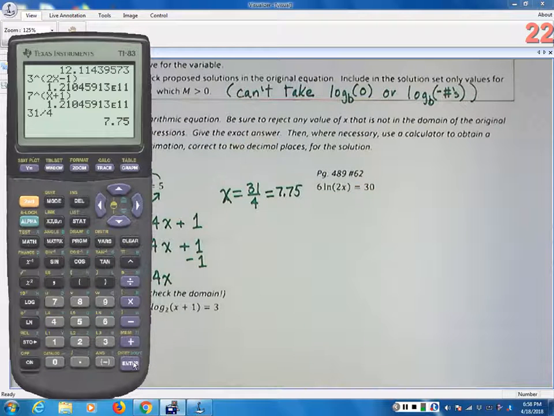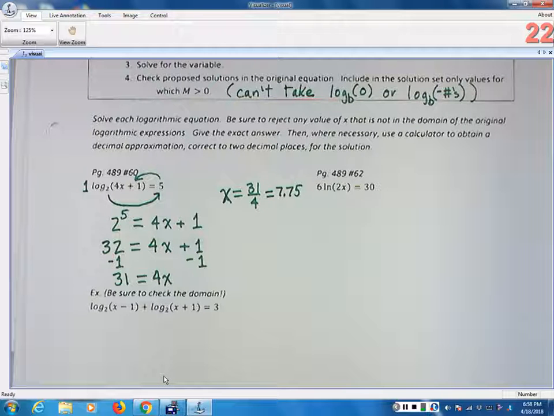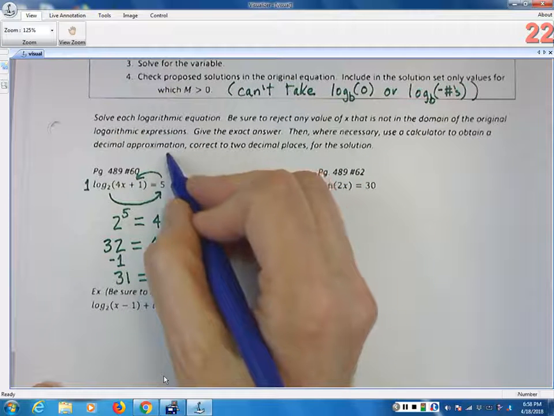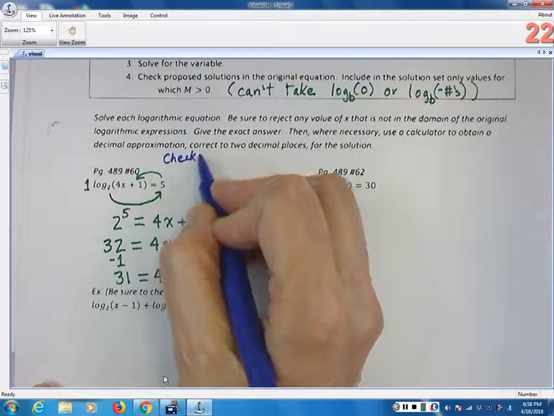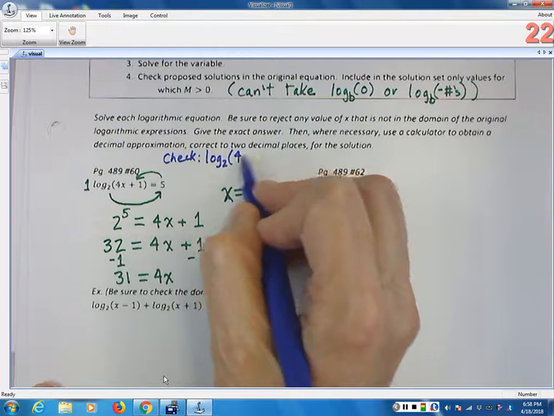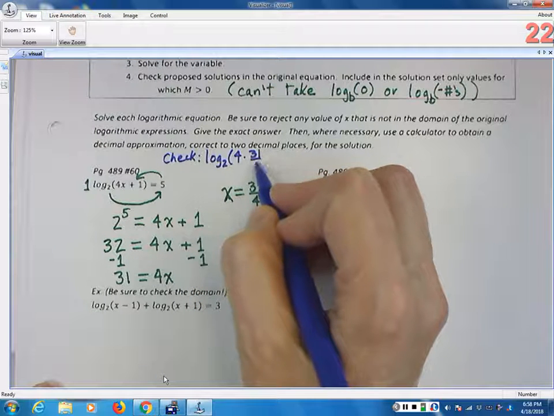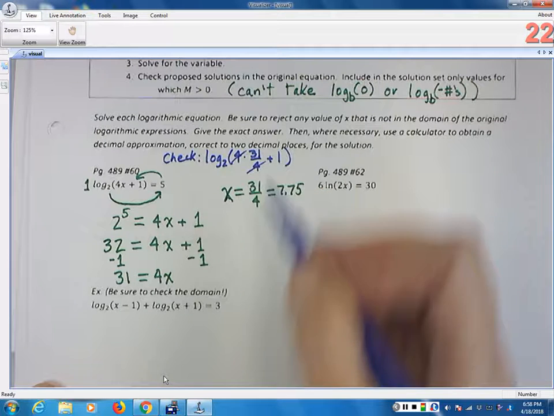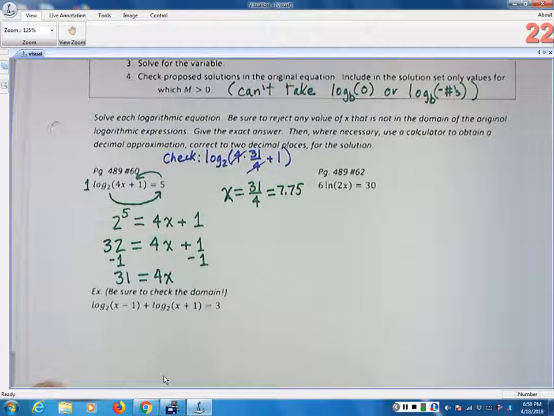Okay, so we can check this. We can put this back in our log equation. Log base 2 of 4 times 31 divided by 4 plus 1. The 4's cancel. 4 divided by 4 is 1.